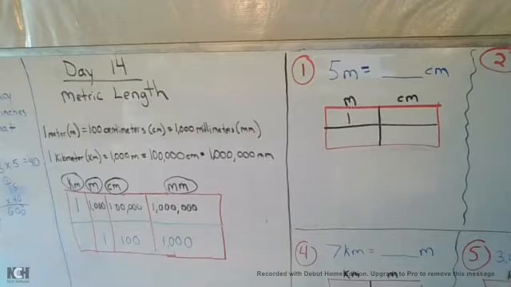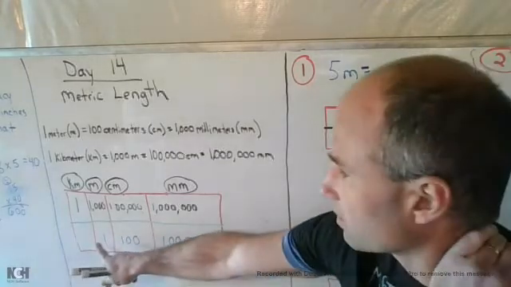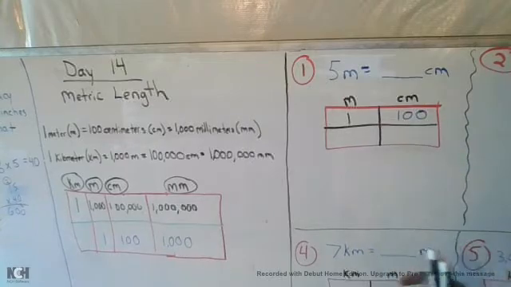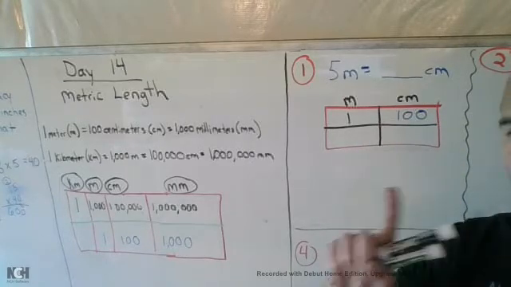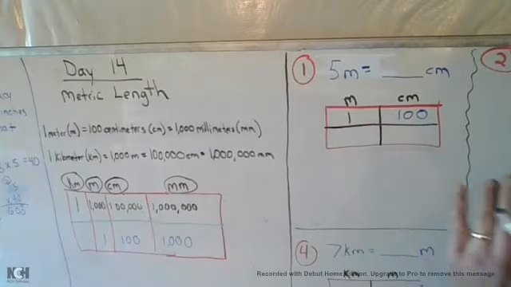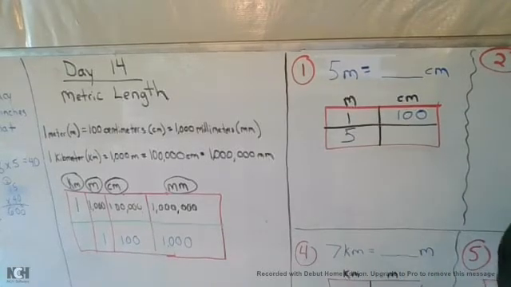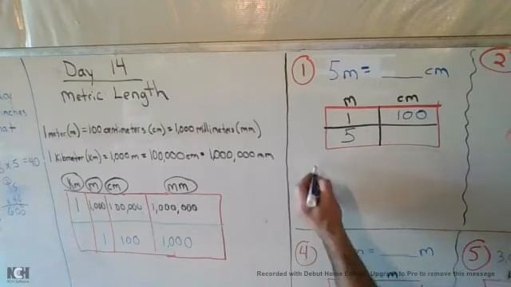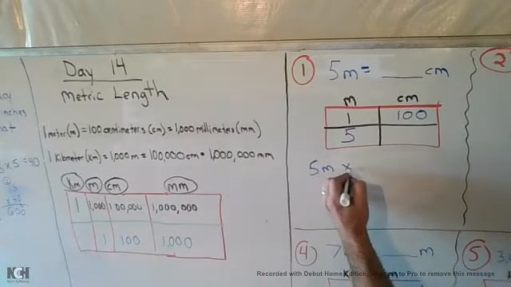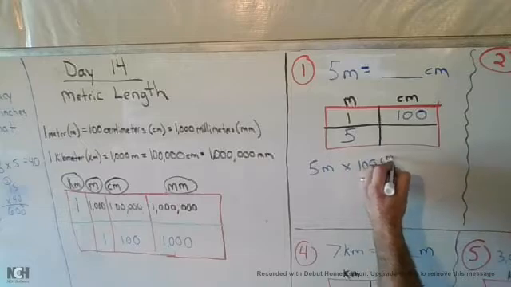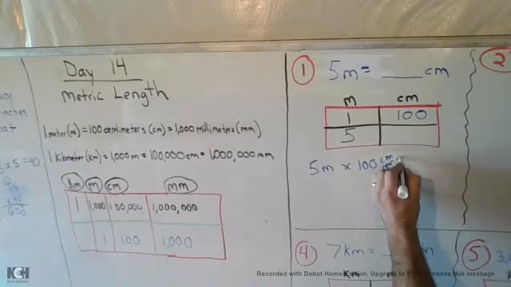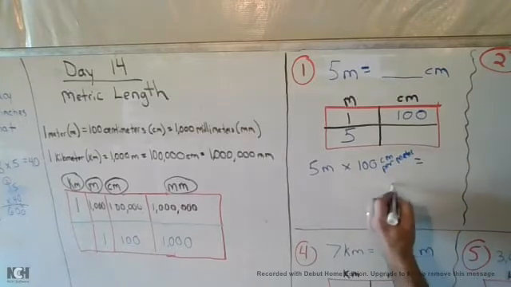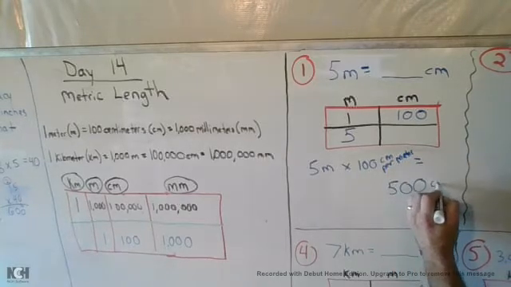Well, it says over there 1 meter is 100 centimeters. But the problem isn't talking about 1 meter, it's talking about 5 of them. So how many centimeters will that be? I'm going to take 5 meters, times it by 100 centimeters per meter to give me 500 centimeters.